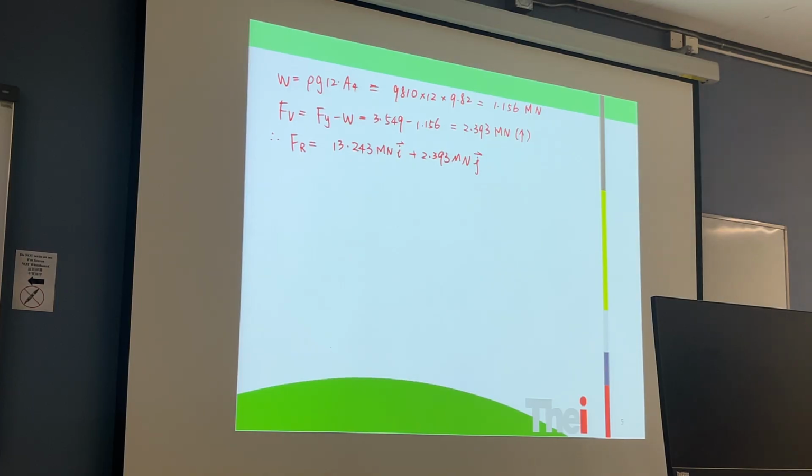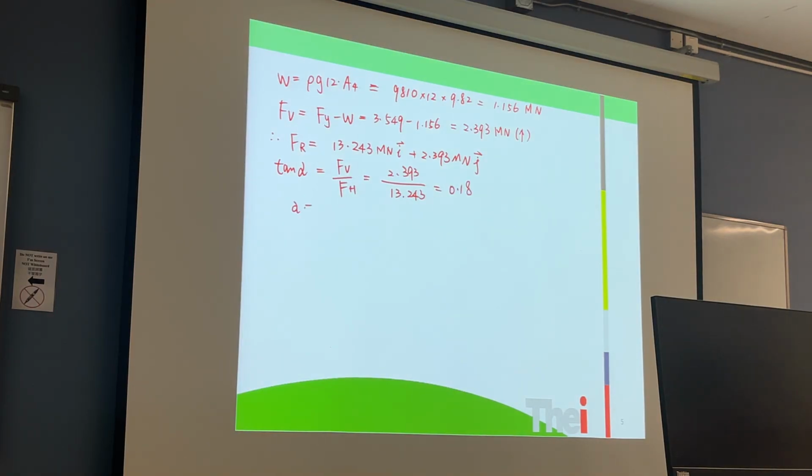For the line of action, because it must point towards the center, we may calculate the tangent of alpha, which is Fv over Fh. It is equal to 2.9393 over 13.243, which is equal to 0.18.